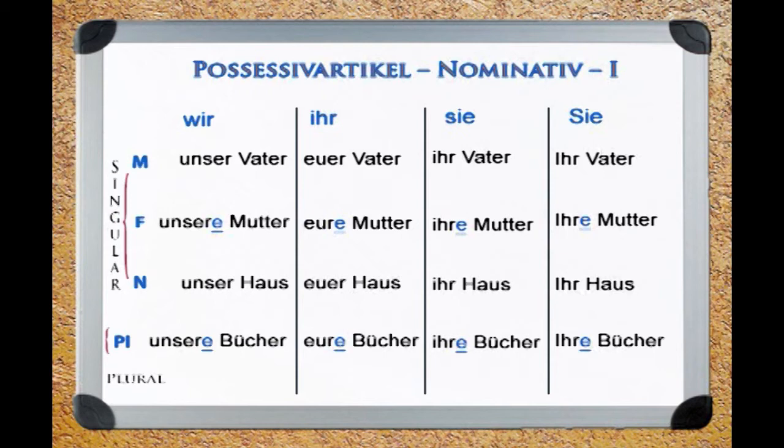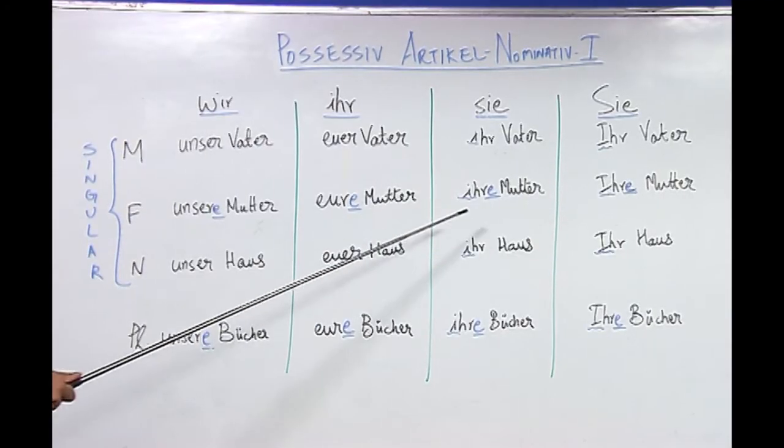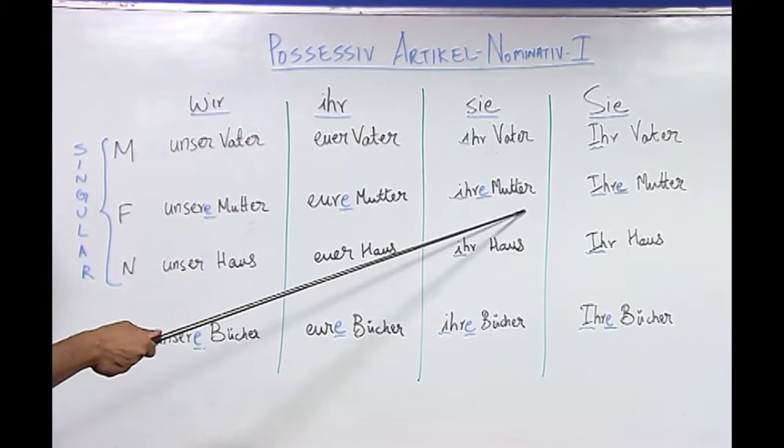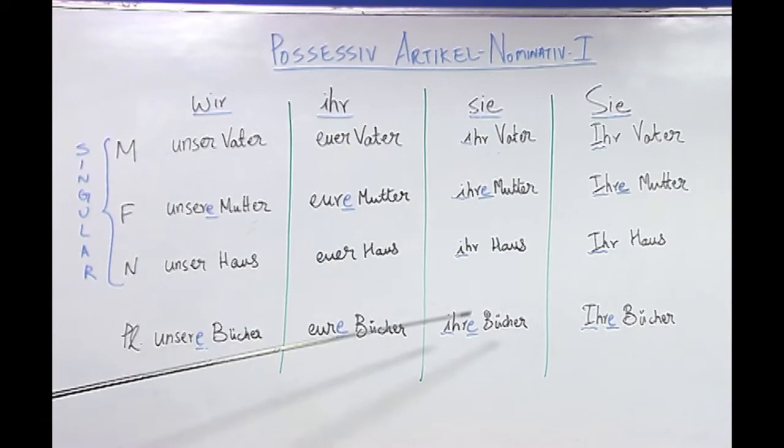However, the change only takes place for the nouns which are in feminine as well as in plural category. So, the presence of e in wir, ihr, sie, Sie possessive article can be distinguished with the noun which is attached to the possessive article.